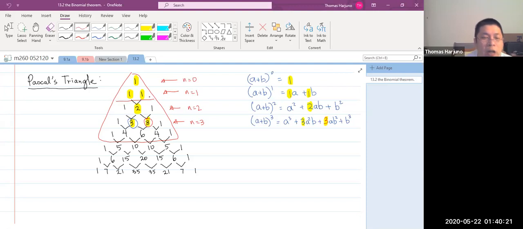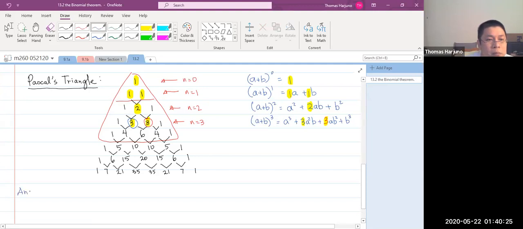Okay, so another method to find the coefficients is by using what we call combination.